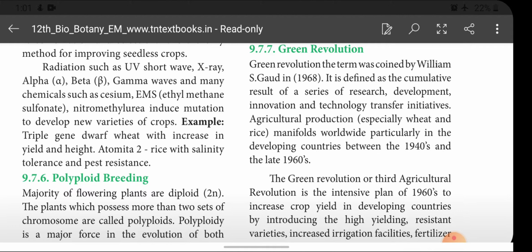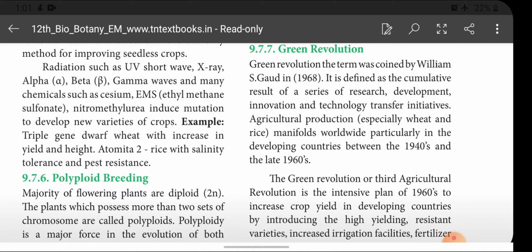Agriculture production, especially of wheat and rice, multiplied manifold worldwide, particularly in the developing countries, between the 1940s and the late 1960s. So green revolution is a term coined by William S. Gaud, a 1-mark question.